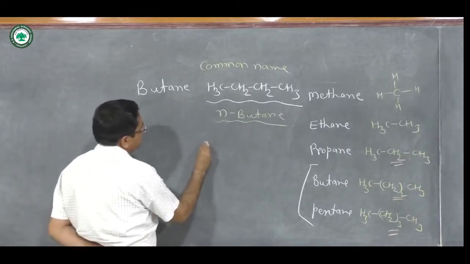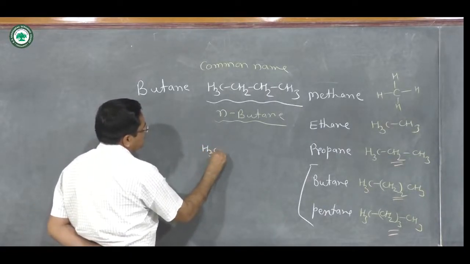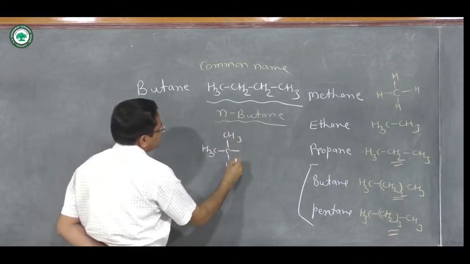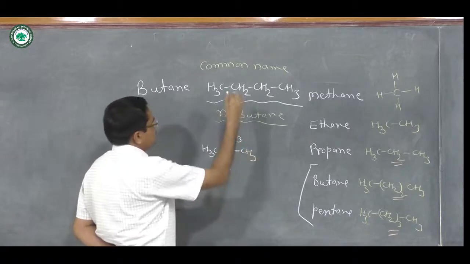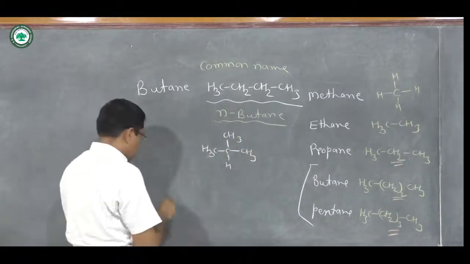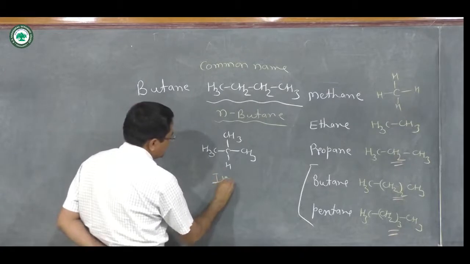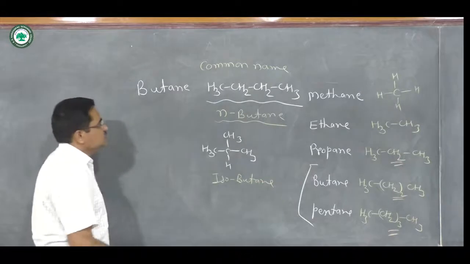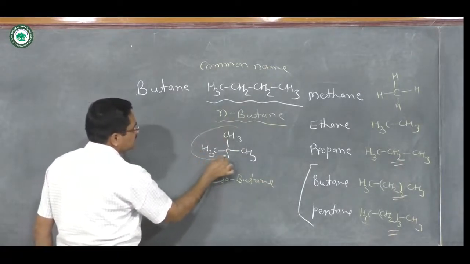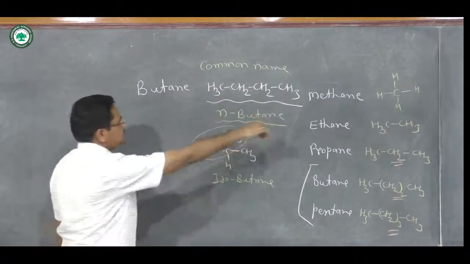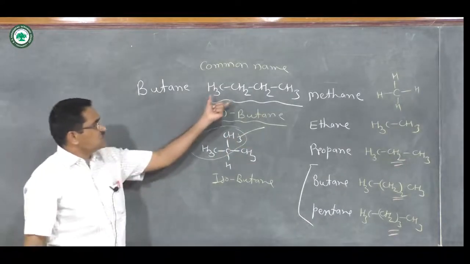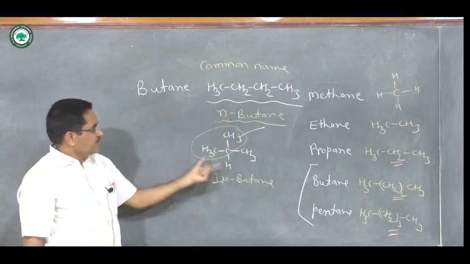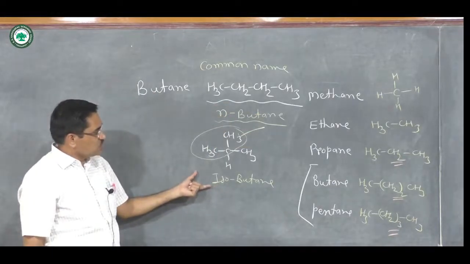Suppose there is one branch for the same compound, then this is called isobutane. Isobutane is due to this branch, and suppose there is a straight chain, then this is N-butane and this is isobutane.